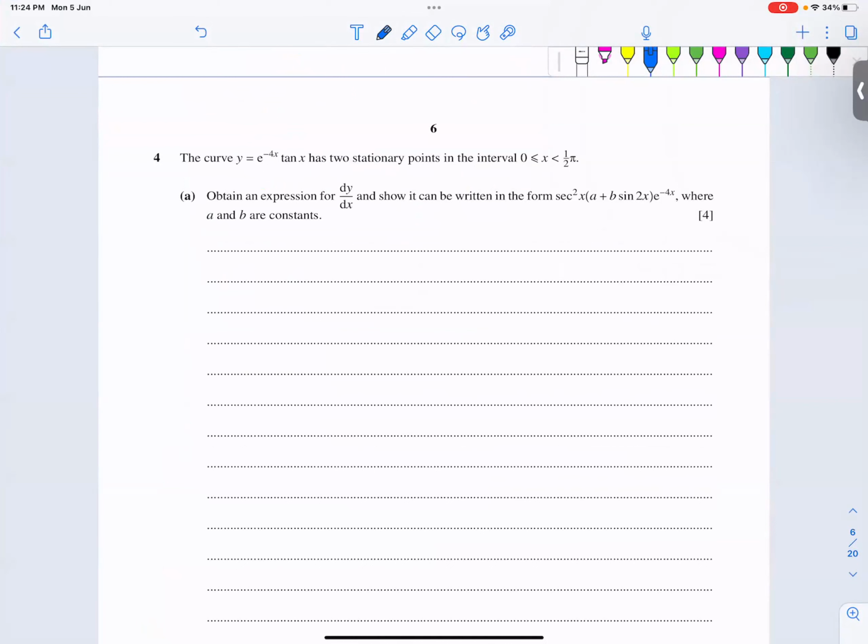To take the derivative of this, we will apply the product rule. The product rule says the derivative is first function as it is and derivative of second, plus second function as it is and derivative of first function.